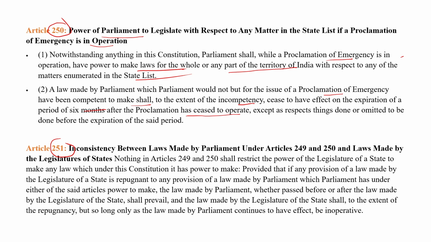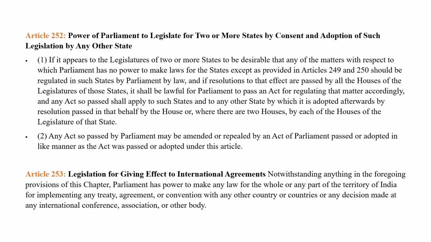This means that if Parliament makes a law on a state subject using Article 249 or 250, a state cannot be barred from making a law on this subject also. A state can make a law and Parliament can also make a law.